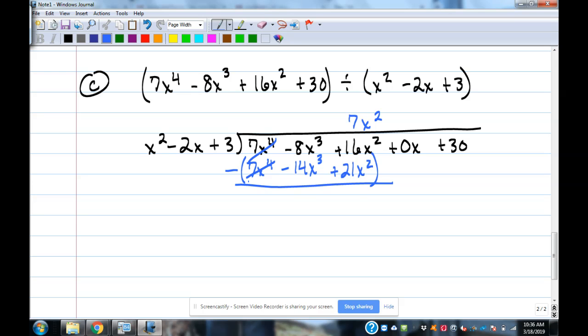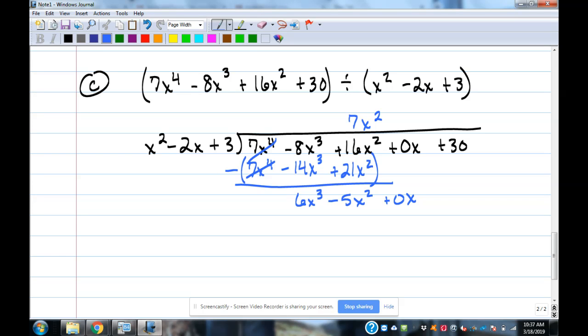X to the 4th cancel out. Negative 8 minus negative 14, positive 6x cubed. 16 minus 21, negative 5x squared. And then I'm bringing down the 0x. If you want to go ahead and bring down the plus 30, you can.